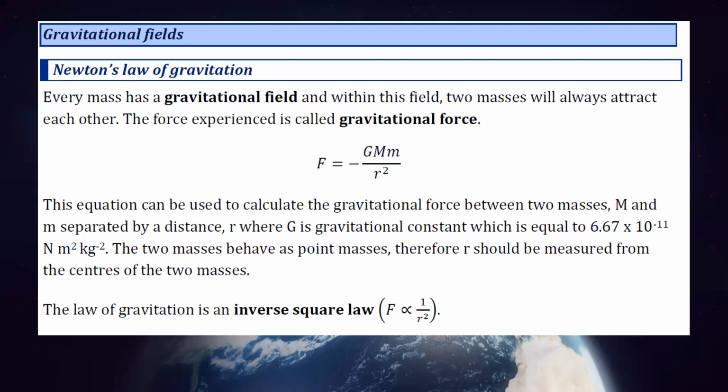So the first part is Newton's law of gravitation. What is Newton's law of gravitation? Newton's law of gravitation basically states the relation between the force of gravity between two objects.